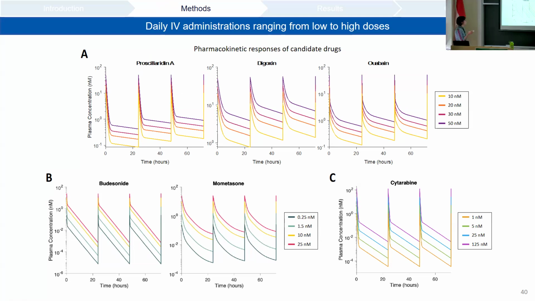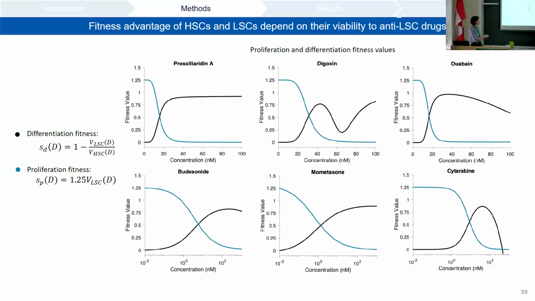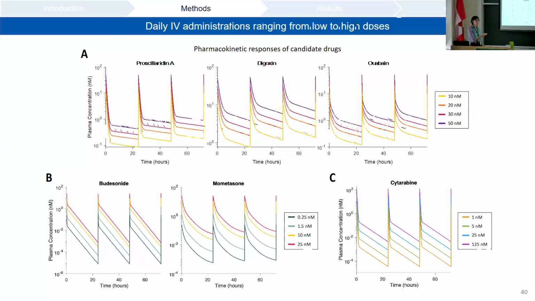So now, with the plasma concentration of the drug in time and the value of the fitness, yes. Curious. The two exponentials that you see so clearly in some of them, is it because it's two compartments? Where does that come from? Yeah, some of them are two compartments. They come from data.